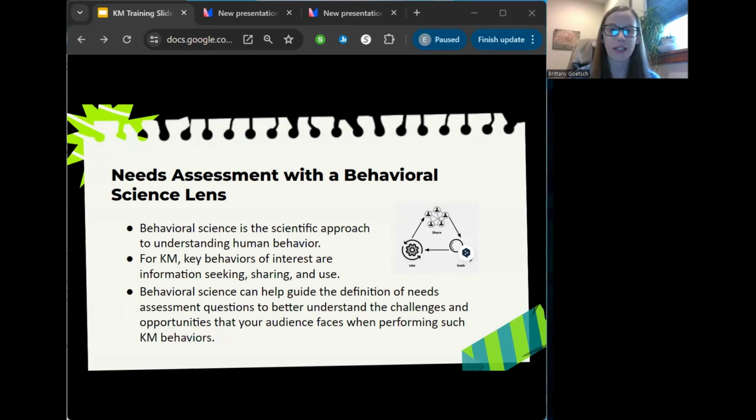Let's say we're trying to influence employees to access a certain platform where we intend to keep documents. And we want to understand, let's say we ask, what are the barriers to accessing this platform? And if an employee says, well, the barrier is time. And we think about maybe what could be a motivation?